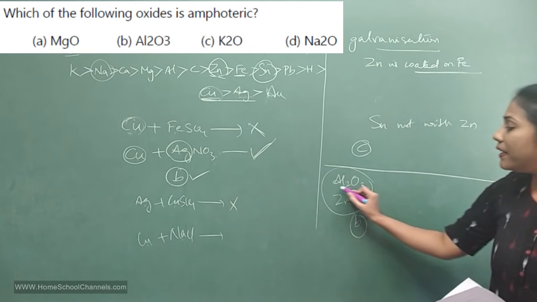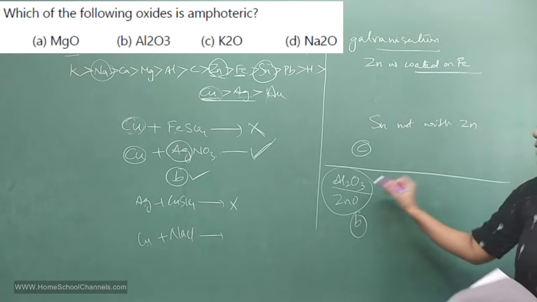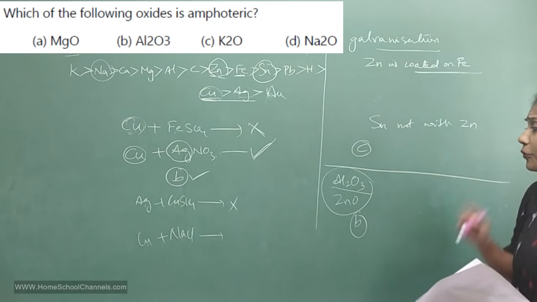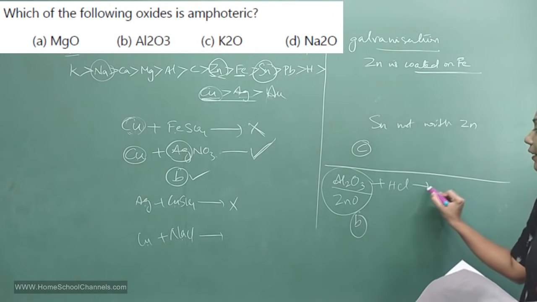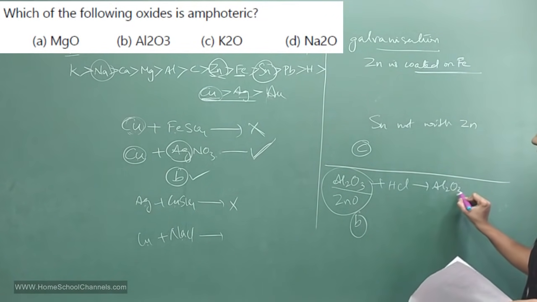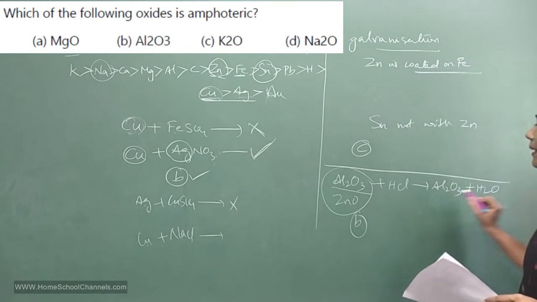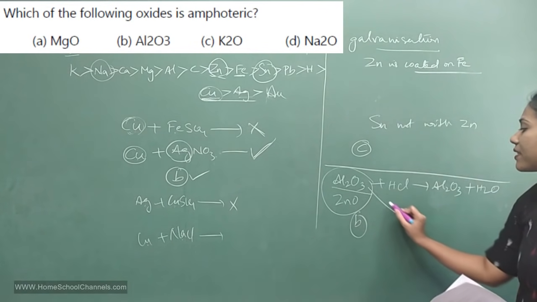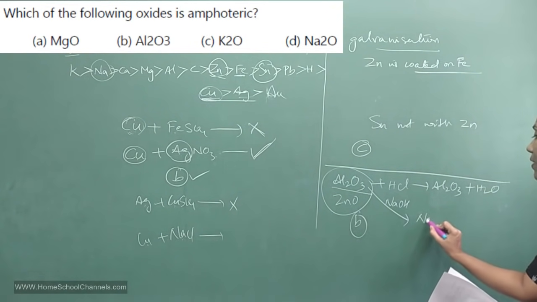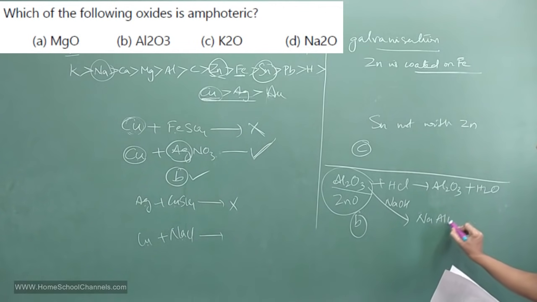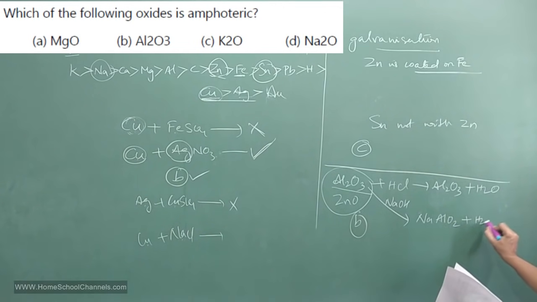And try to remember the reactions of amphoteric oxide. So you have aluminium oxide reacting with acid. What do you get? You will get aluminium salt, right? Plus H2O. Similarly, when aluminium oxide reacts with NaOH, what do you get? This product is very important. NaAlO2 plus H2O you will get, right?